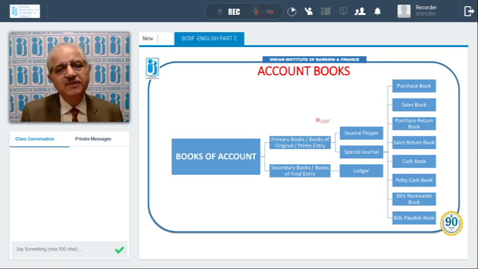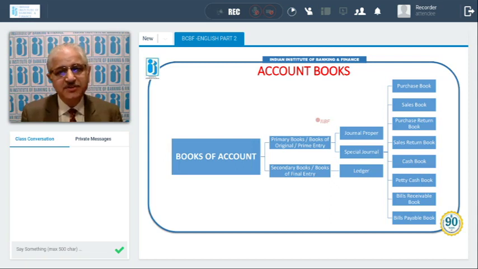Similarly, we have a purchases return book. Whatever goods we purchase, if we find them defective or otherwise, we return them. All those returns are entered in the purchase return book. Similarly, we have a sales return book where all sales returns by my customers are recorded. Then for all cash transactions, we have the cash book.